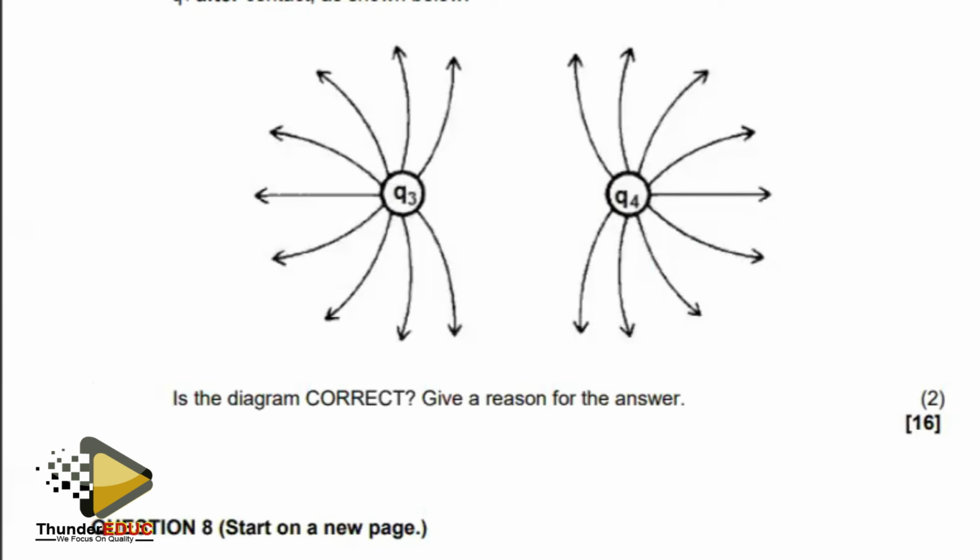All right, so with this one, they are telling us that a learner draws the electric field pattern for Q3 and Q4 after contact. Is the diagram correct?